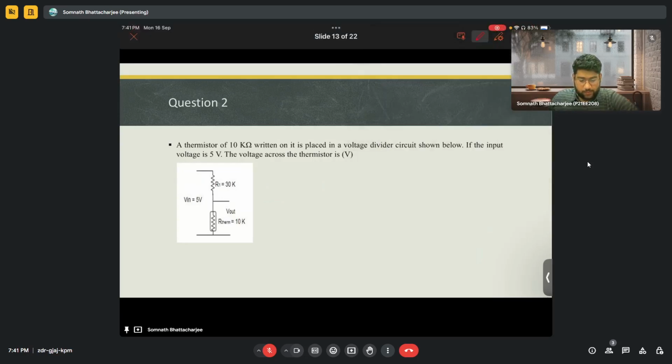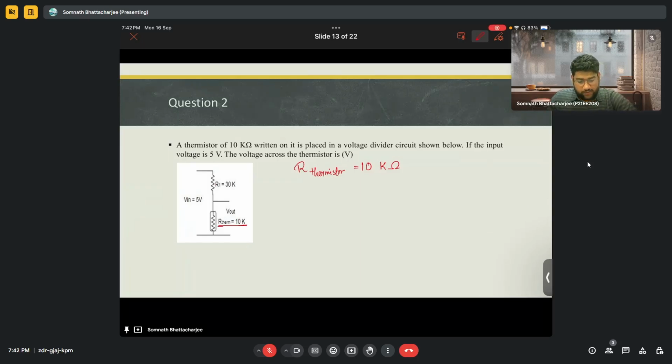A thermistor of 10 kilo ohm is placed in a voltage divider circuit. This is the thermistor we are talking about. At first we know that our thermistor is 10 kilo ohms, placed in a voltage divider circuit below.